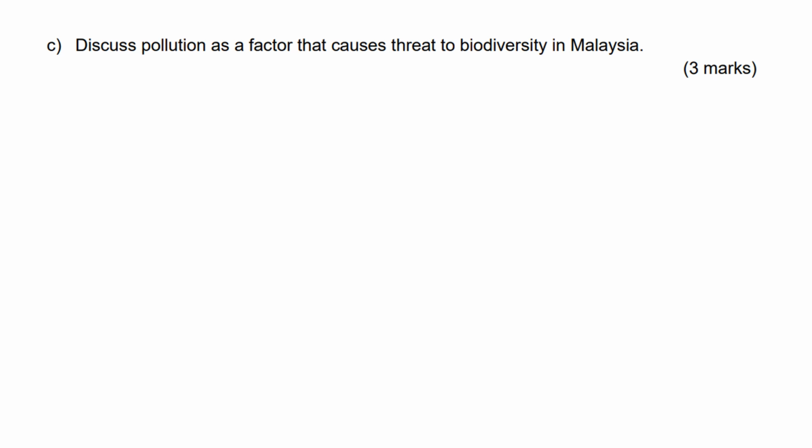The industry can also create thermal pollution. All this pollution can cause abiotic and biotic changes in both freshwater and marine ecosystems. So this pollution will cause threat to the abiotic and biotic components of ecosystems in freshwater and also marine organisms.